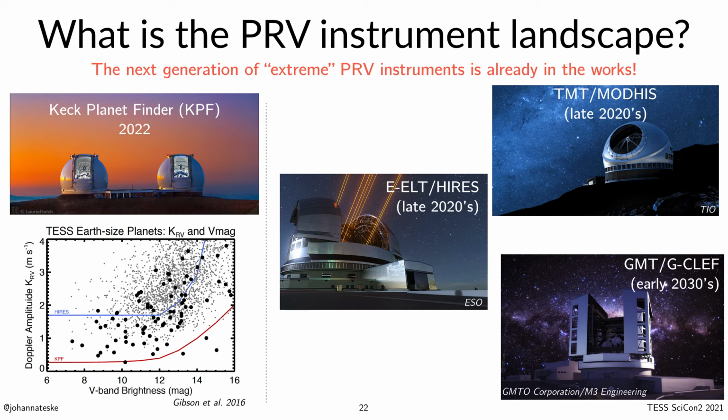And specifically HIRES and G-CLEF are really trying to get down to 10 centimeters a second. That's really their stated goal. So we shall see if we can get there, and what I'm excited to see is what we learn from this current generation of EPRV spectrographs that I was just talking about, and how we can apply those lessons to things in the upcoming decades.